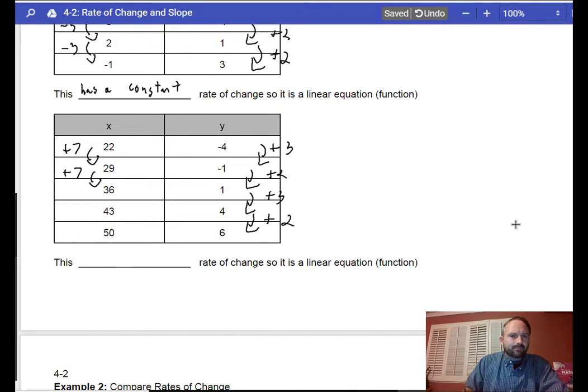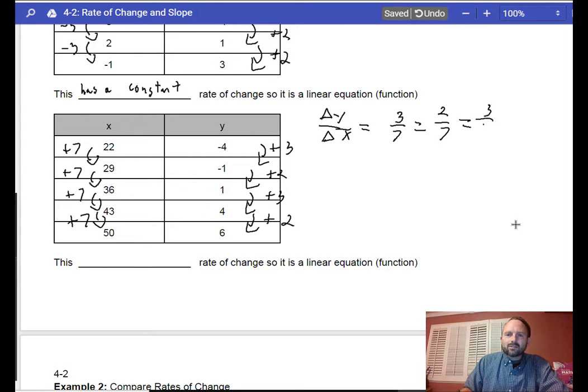Wait a second there. So delta y over delta x is 3 over 7, then it's 2 over 7, and then 36 to 43 is plus 7 again, and then plus 7.